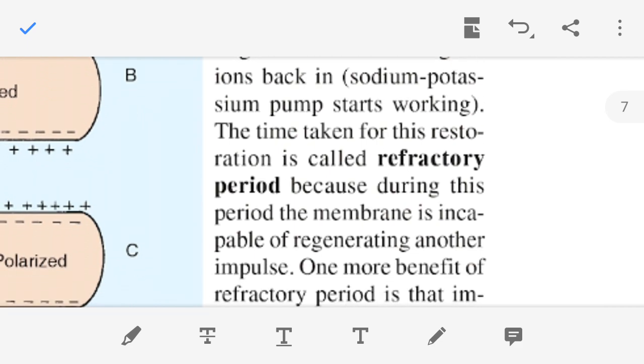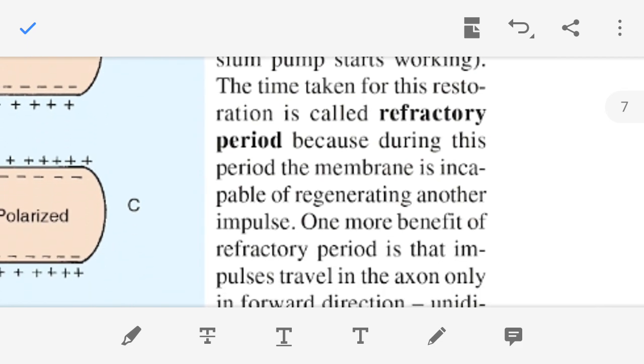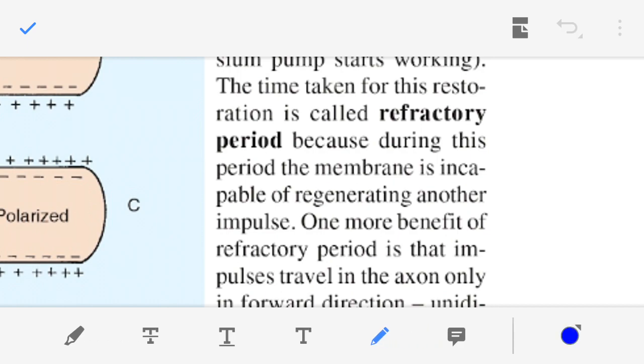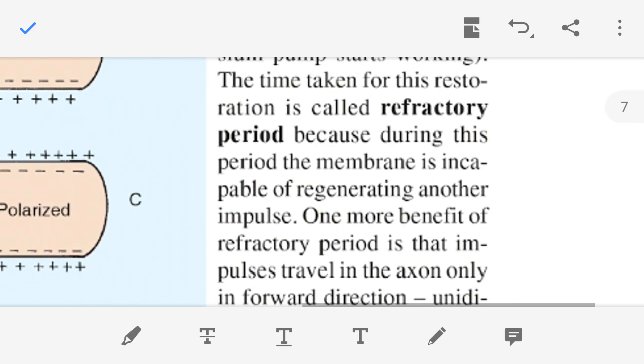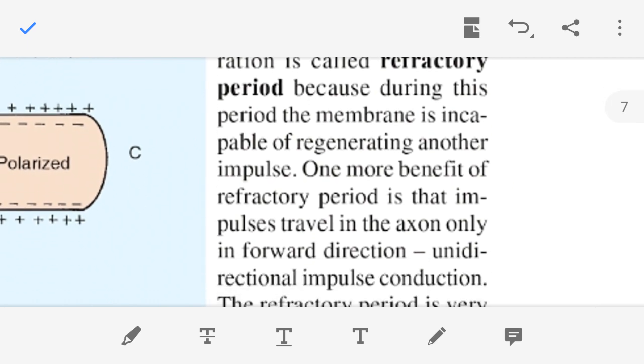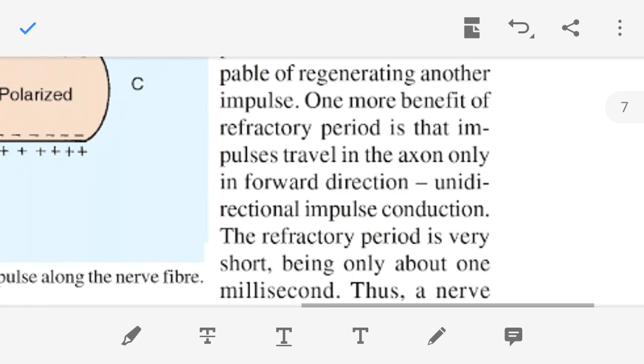So the resting membrane potential is achieved once again. The time taken for this exit of Na plus and entry of K plus is known as the refractory period, because during this period the membrane is incapable of regenerating another impulse, so the nerve impulse cannot be generated or propagated.